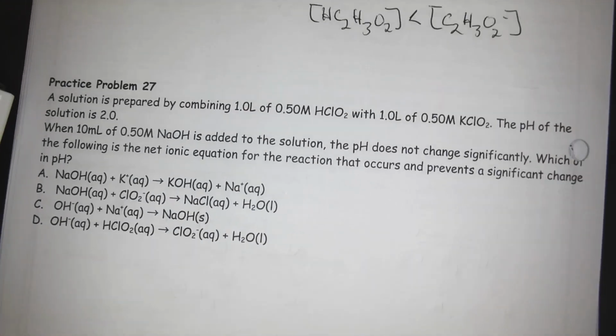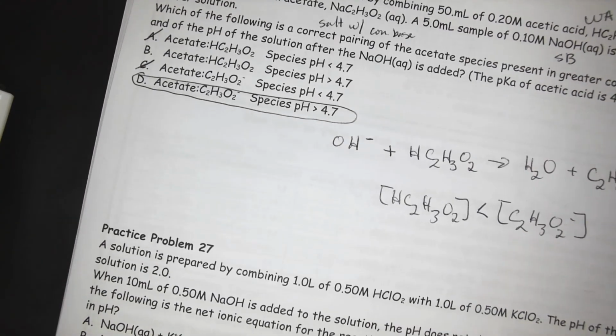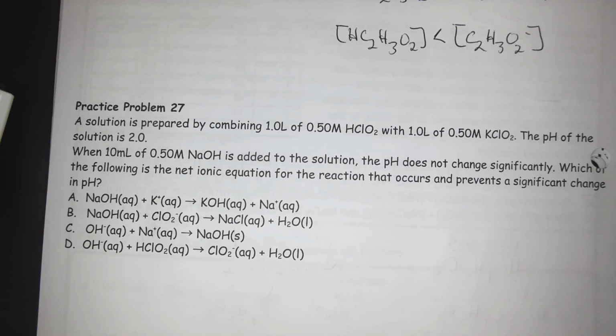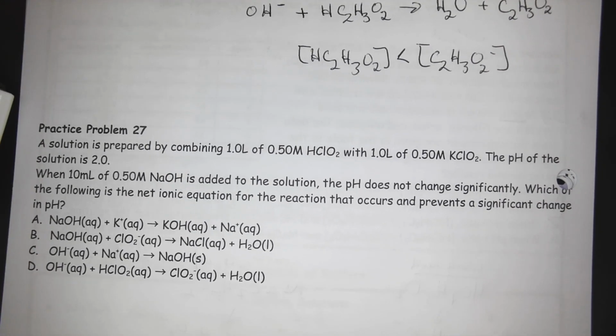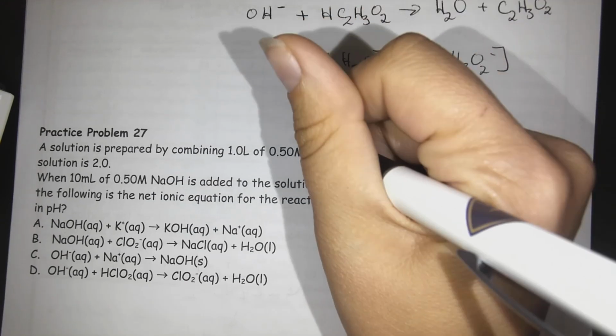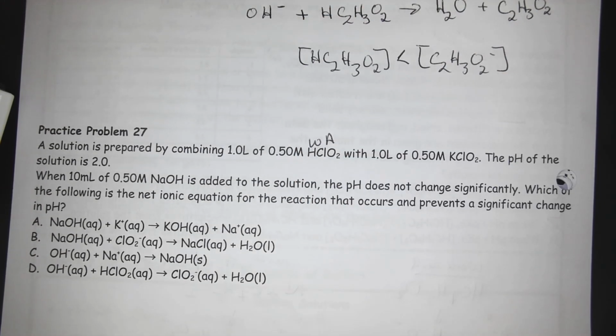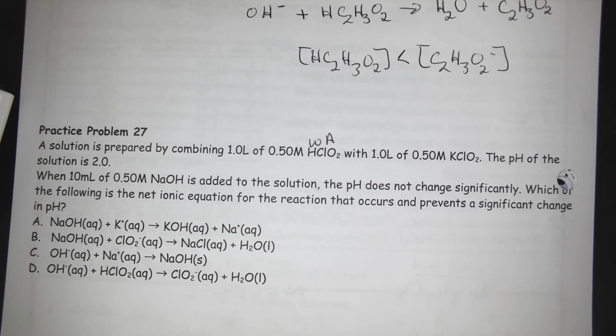All right. Let's try one more of these. A solution is prepared by combining 1 liter of 0.5 molar HClO2. They're trying to trick us. HClO4, that's a strong acid, but this is a weak acid. With 1 liter of 0.5 molar KClO2.